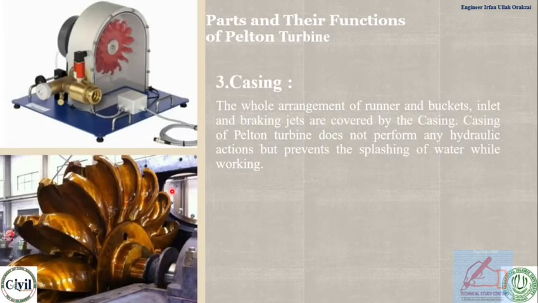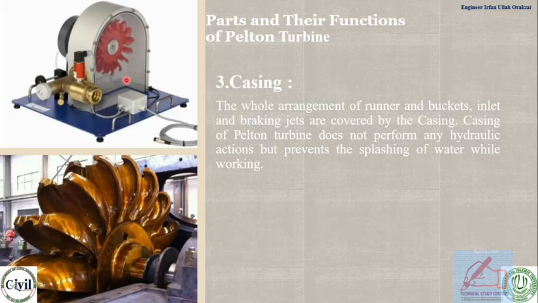The third most important part is the casing. The whole arrangement of the runner, suppose this is the runner, this is a mini Pelton turbine which is mostly used in experiments performed in the lab. The whole arrangement of the runner and buckets, inlet and braking jets is covered by the casing.